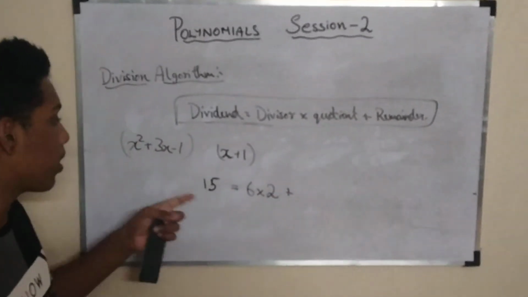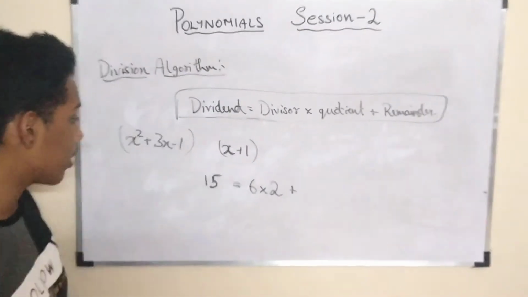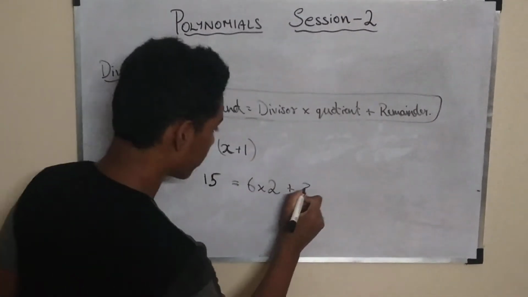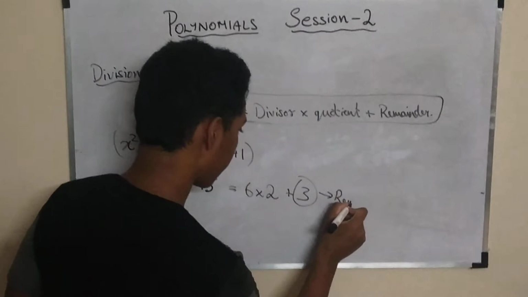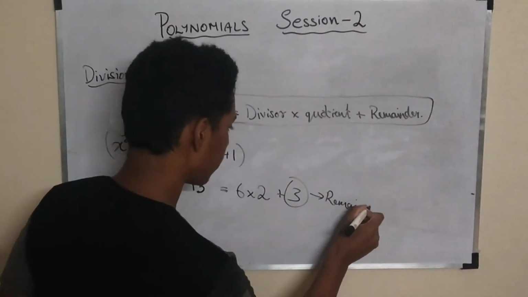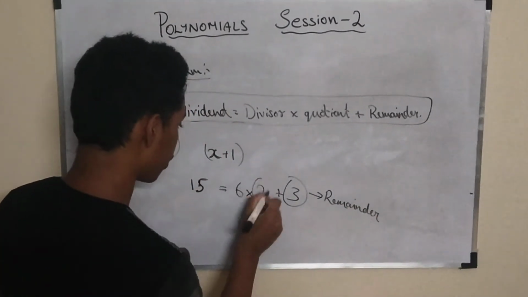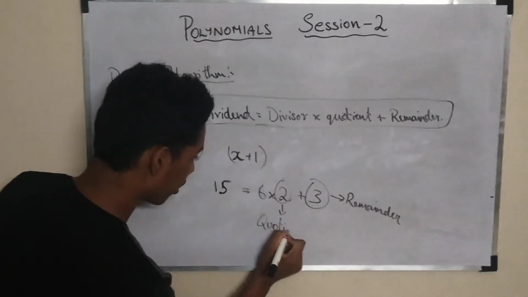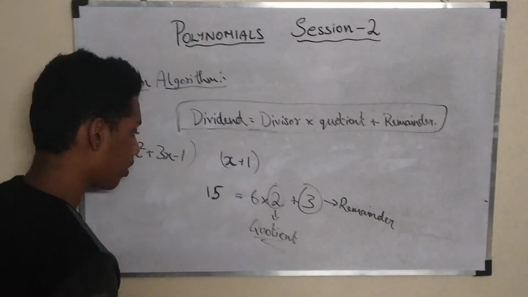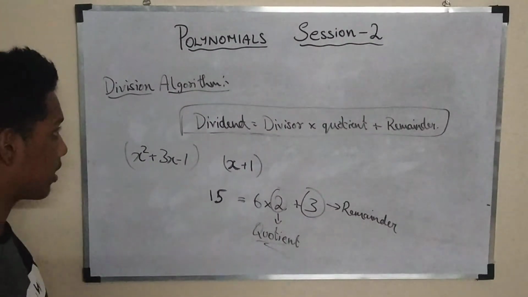It cannot be 3 because 6 times 3 would be 18, which is much more than 15. So 6 times 2 plus 3. Here we get 3 as the remainder, and 2 as the quotient.